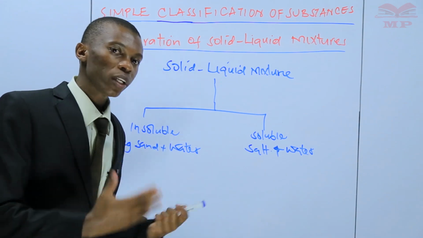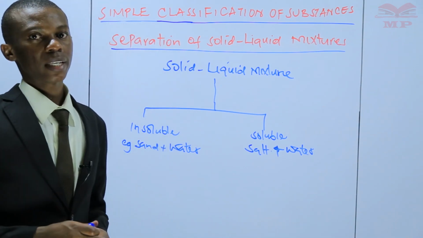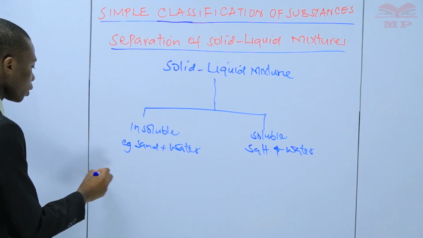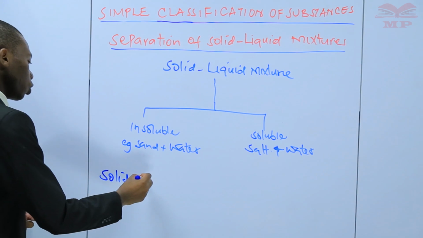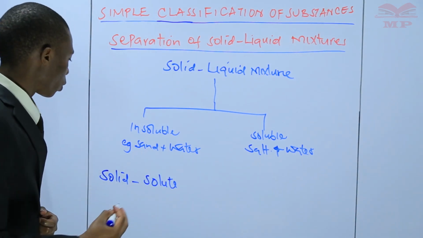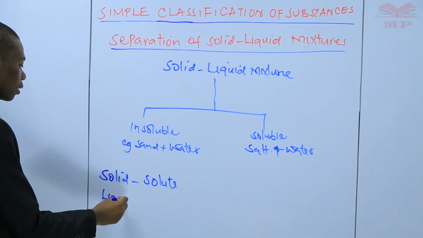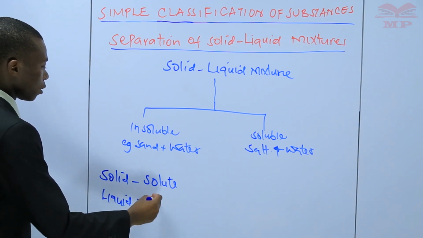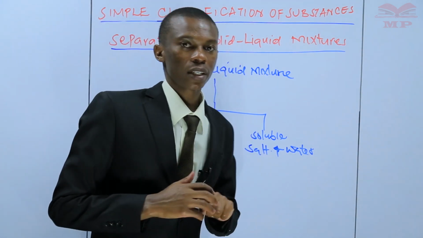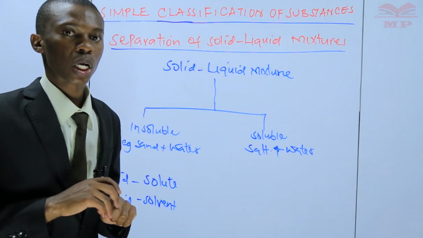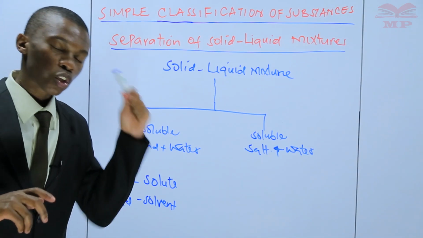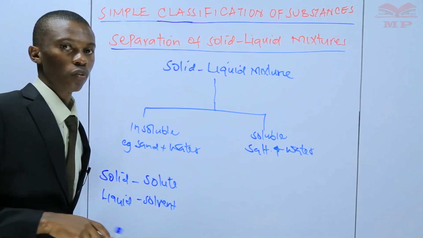Therefore, in a soluble solid-liquid mixture, a solid which dissolves into a liquid is called a solute, while the liquid in which the solid dissolves is called the solvent.